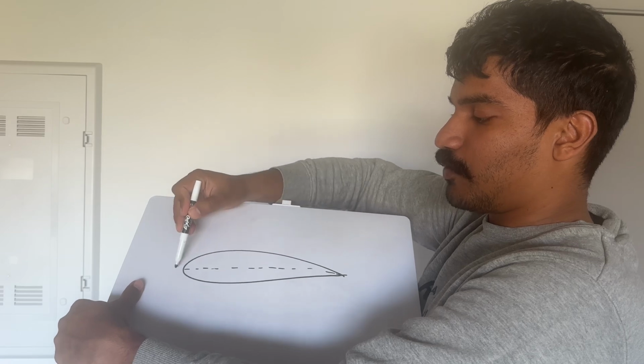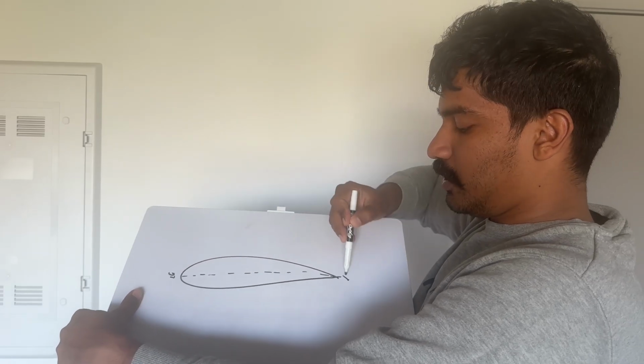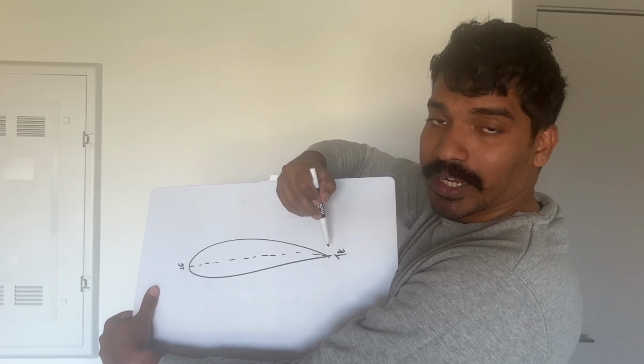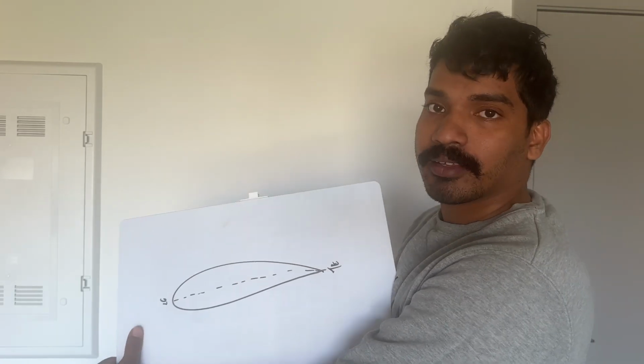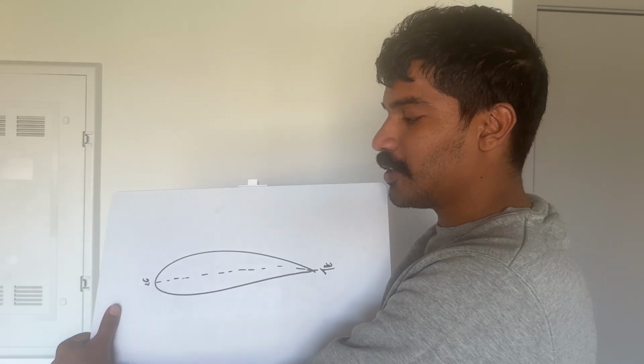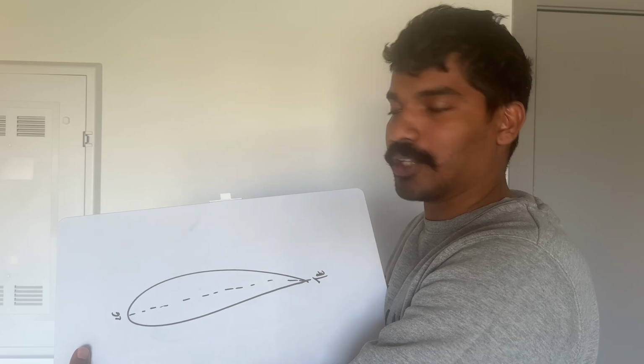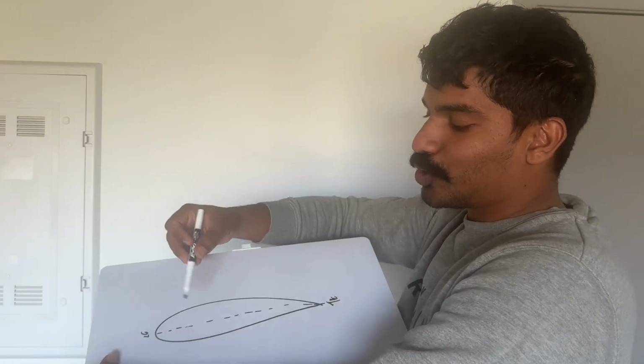This line is from the leading edge to the trailing edge as well, so it can be called your chord line, but it's also dividing the aerofoil into two equal halves. So it can also be called your mean camber line, or your camber line. In case of a symmetrical aerofoil, your chord and your camber line are the same because the camber line is dividing the aerofoil into two equal halves.